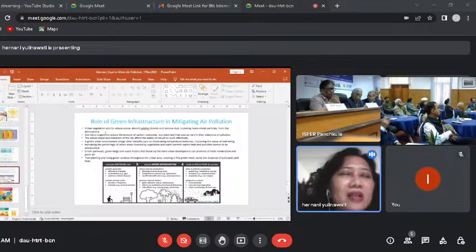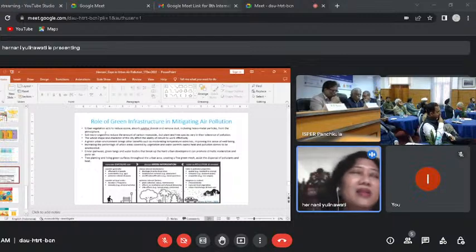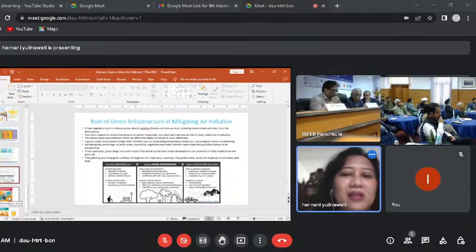The recent measurement of the air pollution in Jakarta, although in a green area or urban green space area, is still higher compared to the new WHO standards.